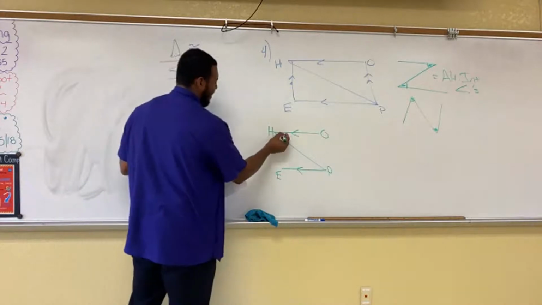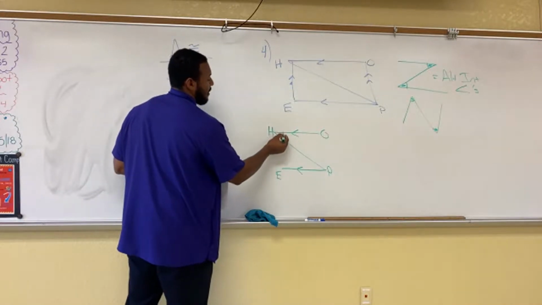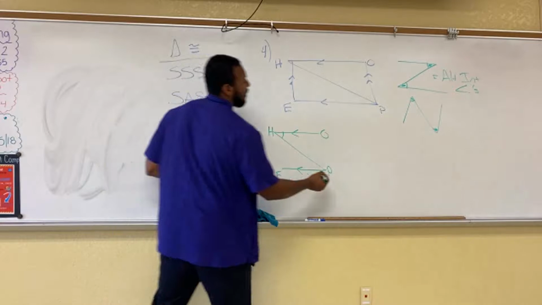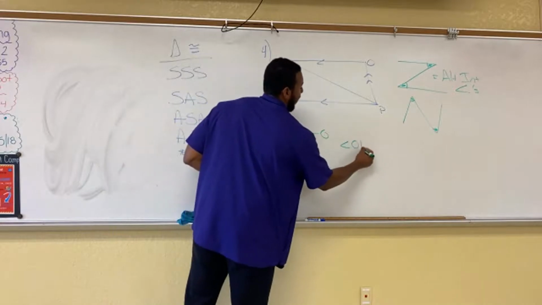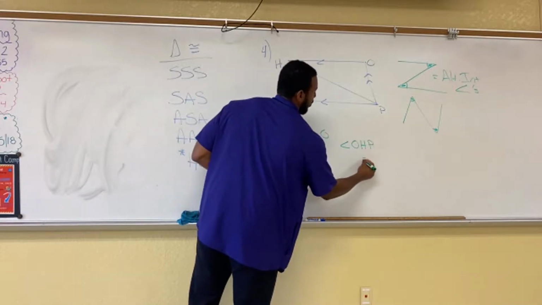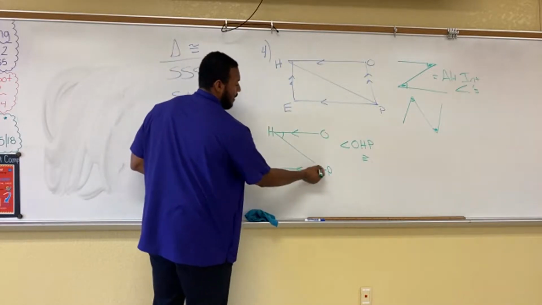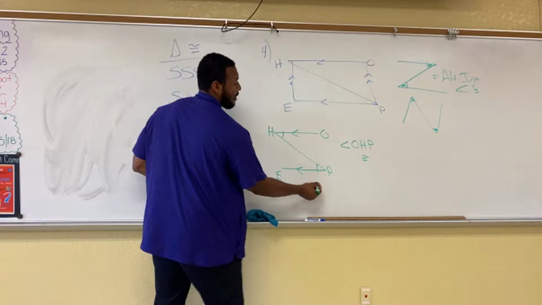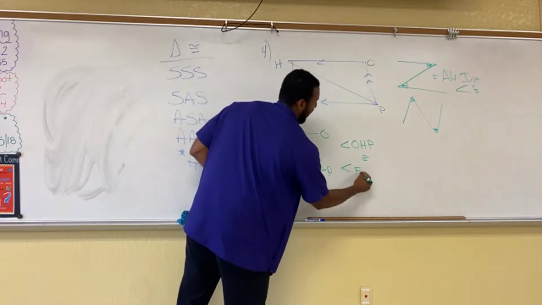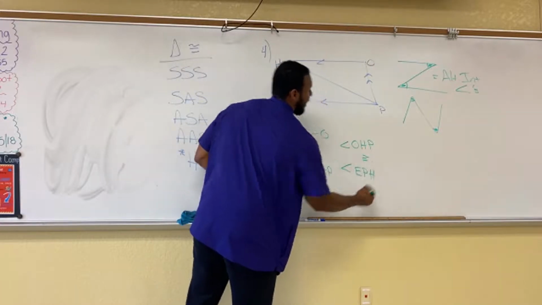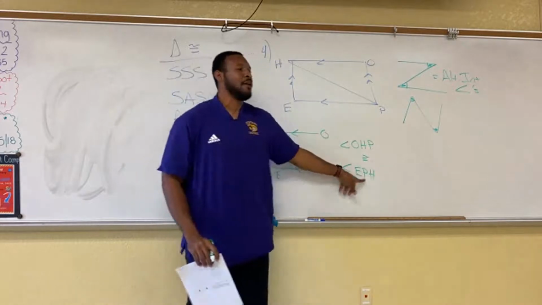What's the name of this angle right here? OHP. Good. So angle OHP is congruent to what's the angle down here? EPH. Now I'm gonna blow your minds real quick with this one. Why did I call this EPH and not HPE?